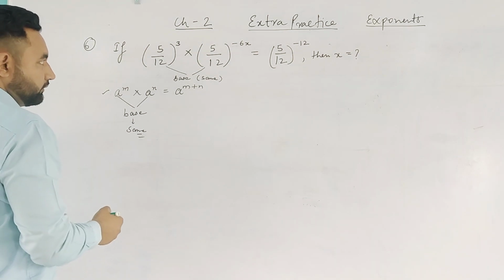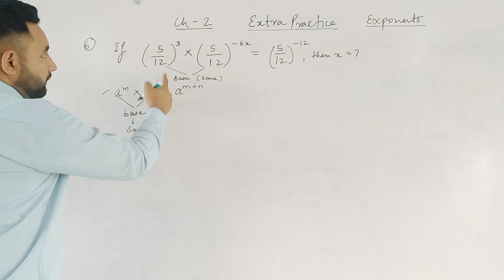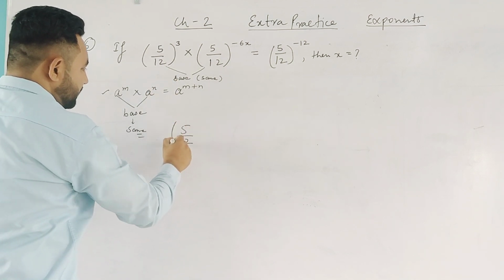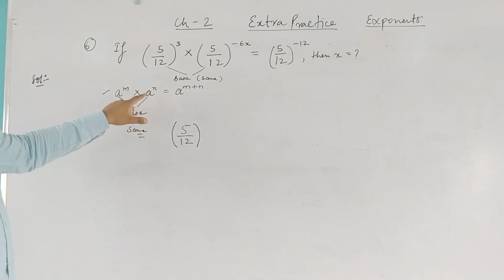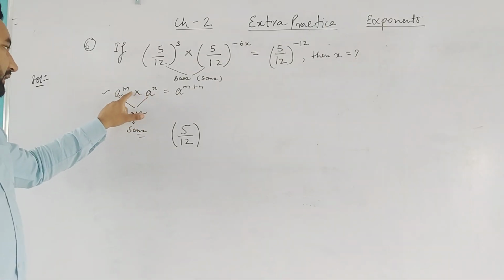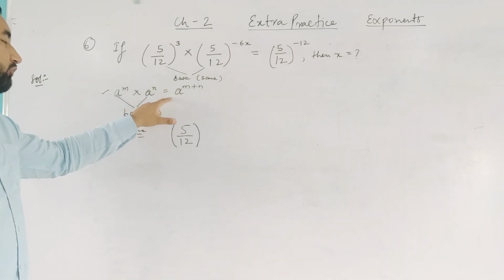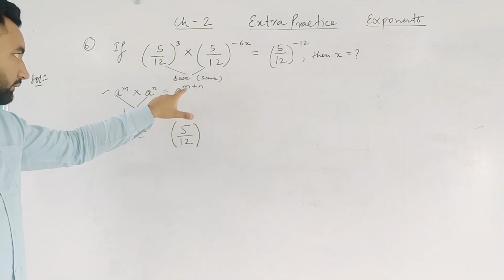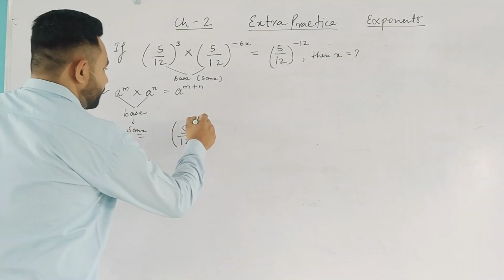I think yes. So according to the law of exponent, we'll write here 5 by 12 once, as we have written a to the power m multiplied by a to the power n equals a to the power m plus n. I'll write this 5 upon 12 once.